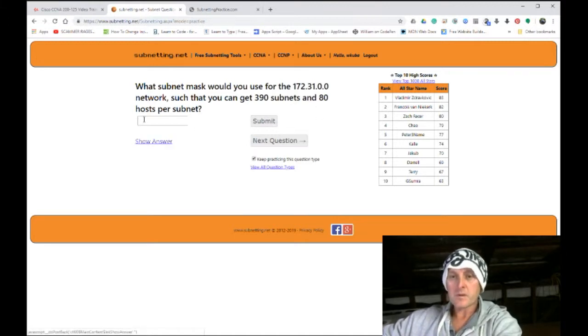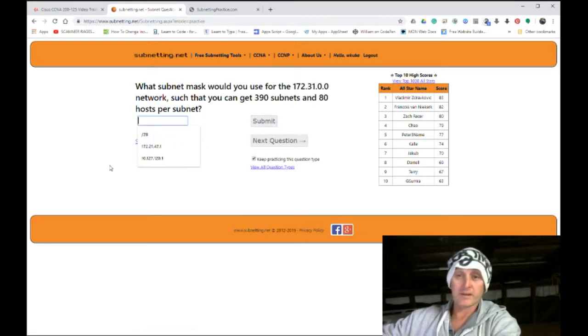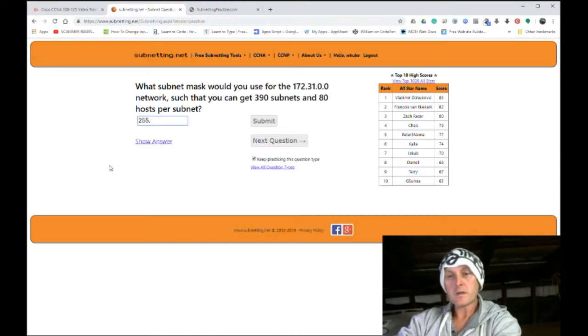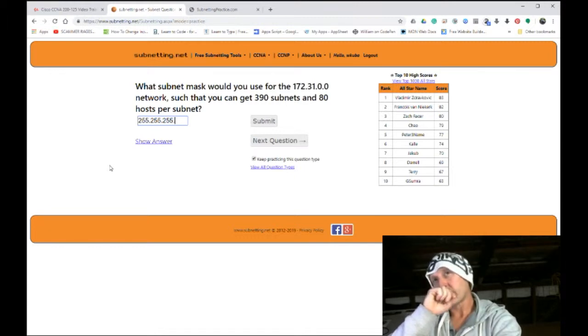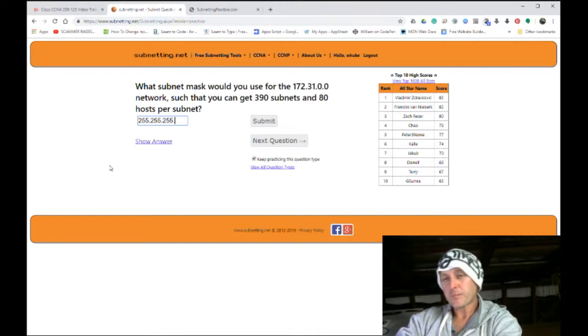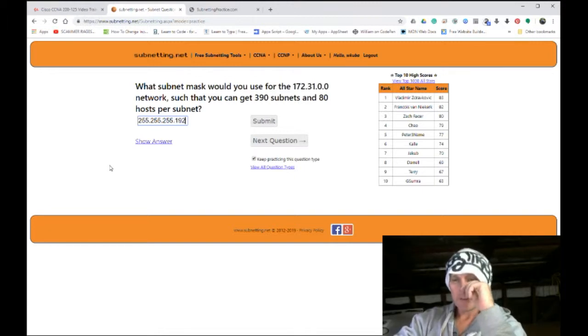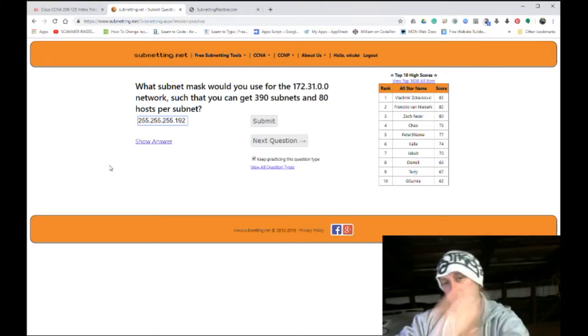So, again, we're only dealing in the last octet. So 255, 255, 255, and now we need 80 hosts. So, going by memory, if we use the 192, that would be too small, because it would give us a block size of 64, but 62 hosts.